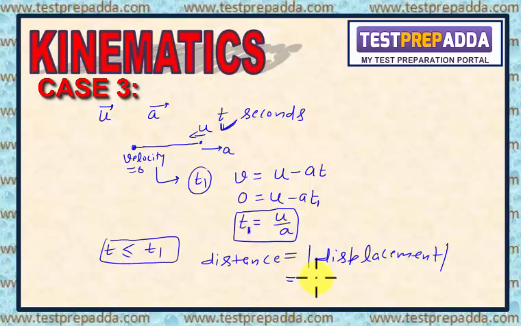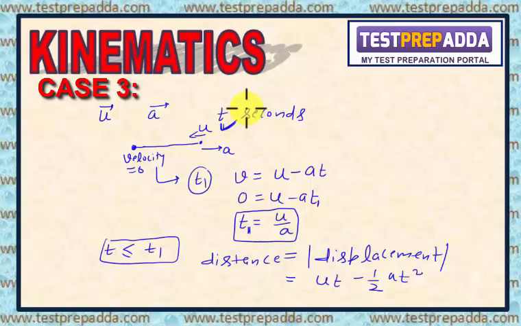That means you will write ut minus half at square. So basically the question talks about this motion only. Here the motion is retarded and the displacement or distance can be found using the formula ut minus half at square.